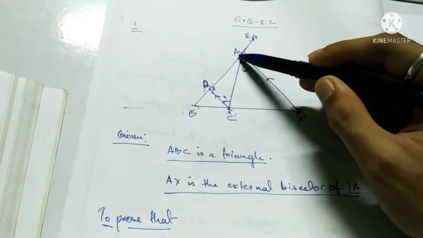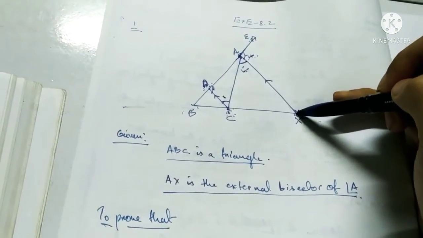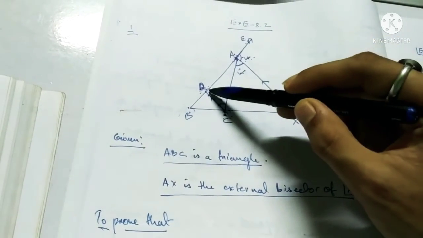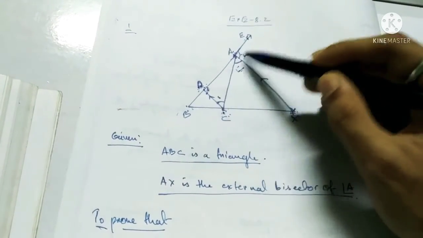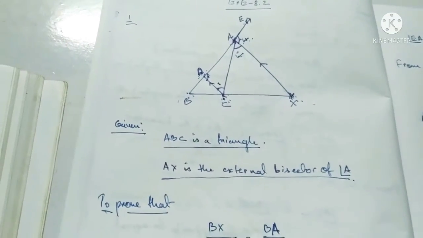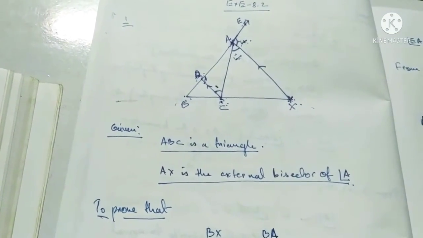I can say that angle EAX is equal to angle ADC. Why? Corresponding angles. That I will take as equation number 1.